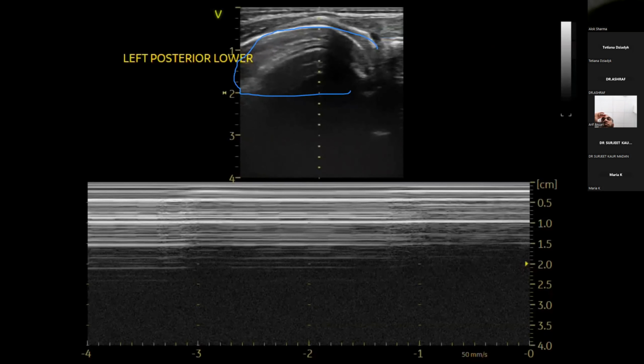Now, the challenge that you face is that you've got two A lines. You don't have a lot of reverberation artifact that's actually becoming less. So for that reason, you're missing out on a seashore sign. You're actually seeing bits of the seashore sign that you can see over here, but because you've got very little reverberation artifact, that's one reason.